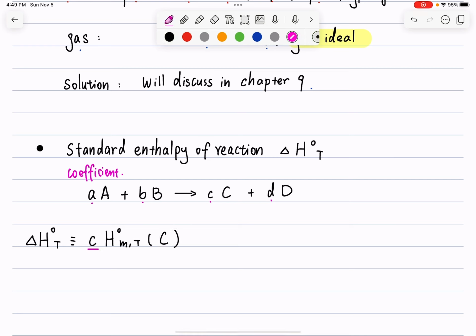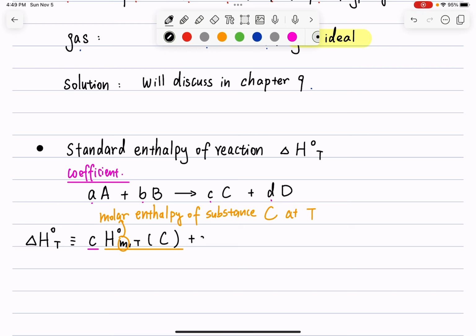The c here is our coefficient, and this H naught m,T means it's the molar enthalpy of substance C, a big C. This m here stands for molar, at temperature T.